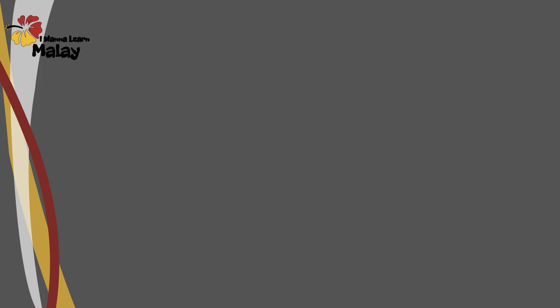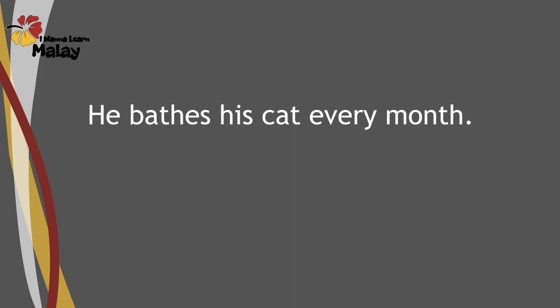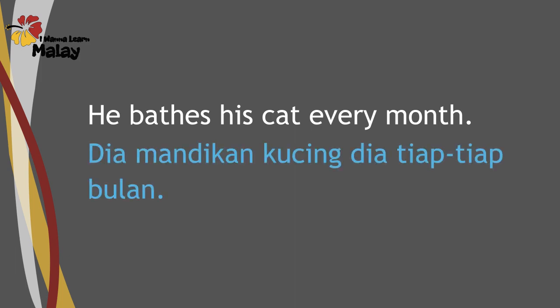So how do you say the sentence, he bathes his cat every month? To bathe something in Malay is mandi. A cat is kucing. The full sentence is dia mandikan kucing dia tiap-tiap bulan.